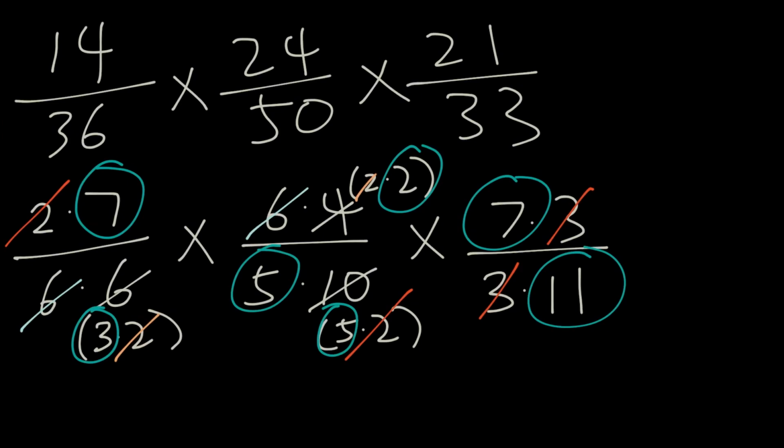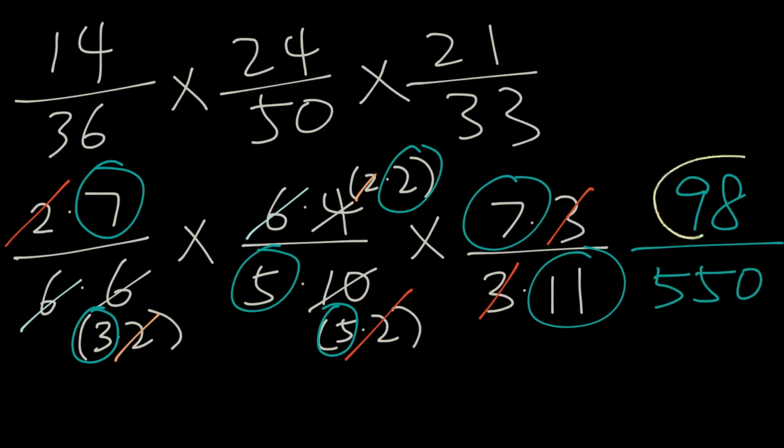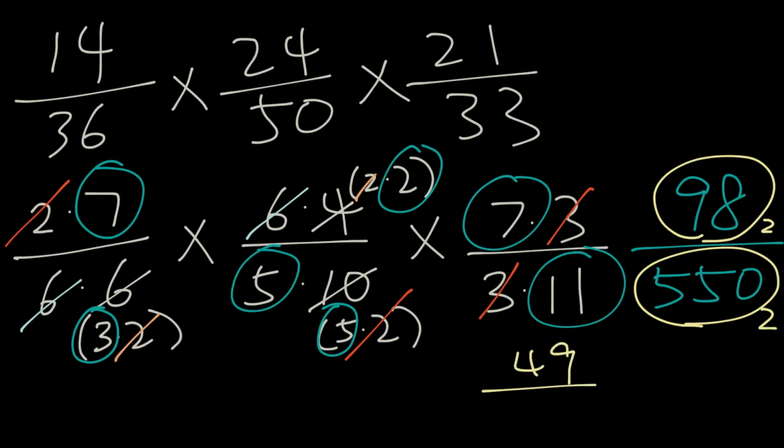And by multiplying them together, I will have 98 over 550. Now 98 and 550 are both divisible by 2. So our final answer will be 49 over 275.